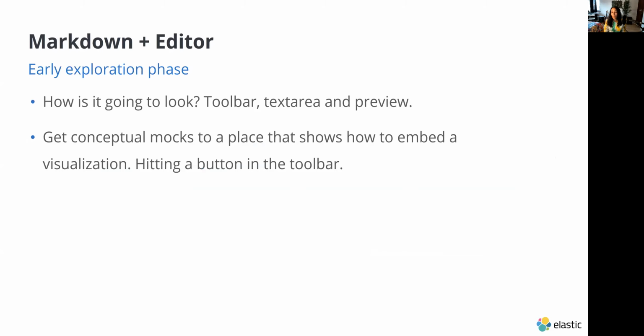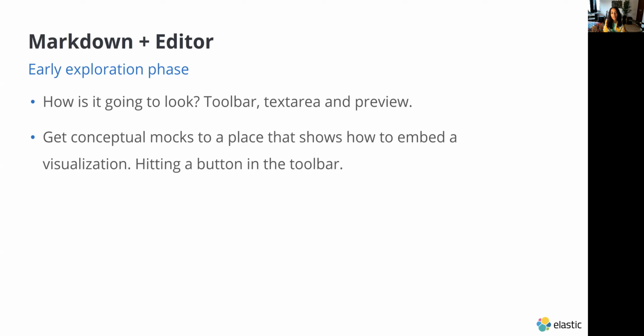So we started with the phase 1. It's basically the early exploration phase, where myself as a designer was going to try to create a design and explore if it's going to have a toolbar, a text area, and a preview, and also to get a conceptual mock-up where we could see if that idea we had at the time of embedding a component was going to work or not.